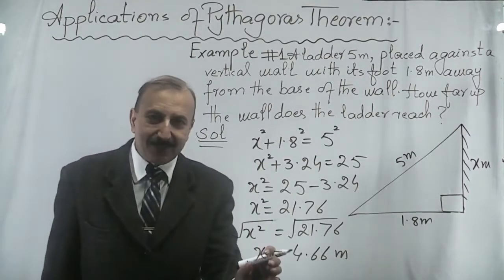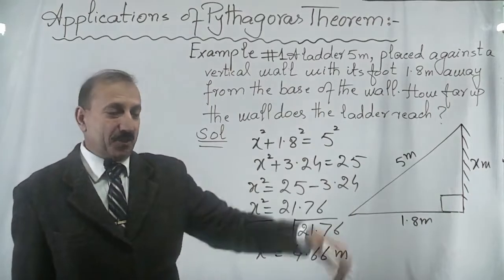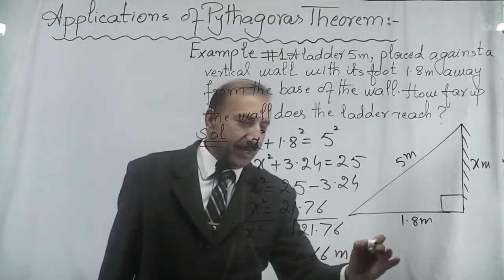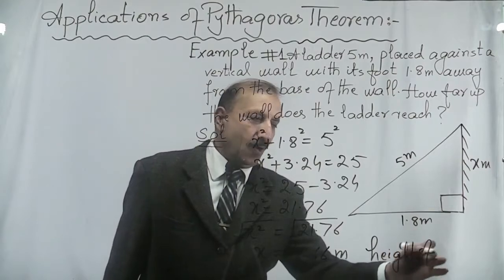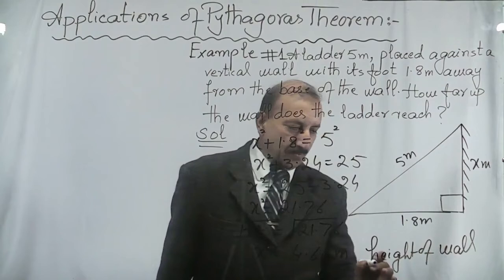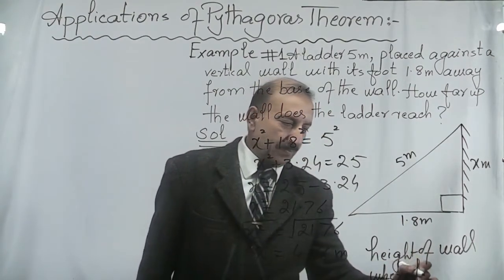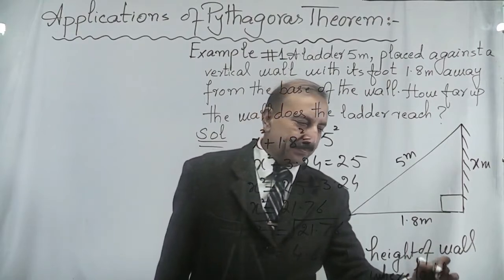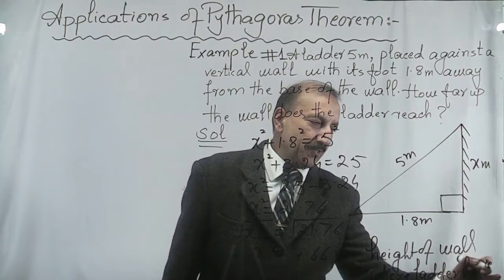And what is this? This is the height of the wall up to where the ladder is reaching. The height of the wall where the ladder has reached.